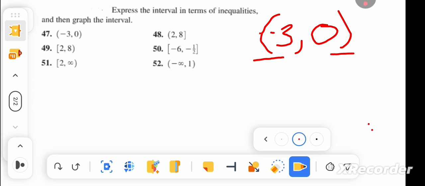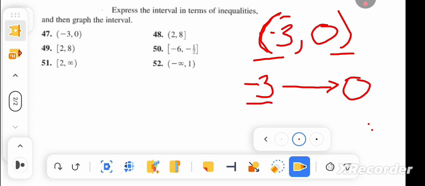Whenever you see in set intervals where they have used these parentheses, what they mean is that the number -3 here is not included in that interval. So meaning we have the interval from -3 all the way to 0, but -3 and 0 are not included. Why? Because they have used these parentheses here.